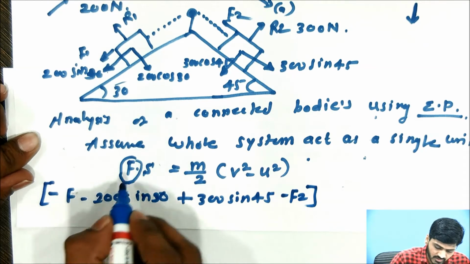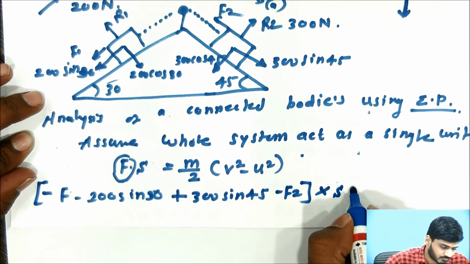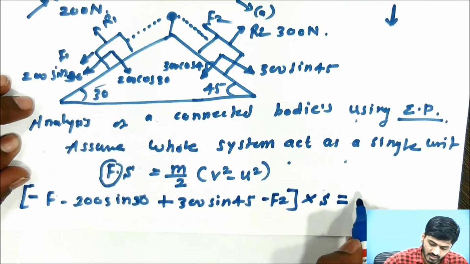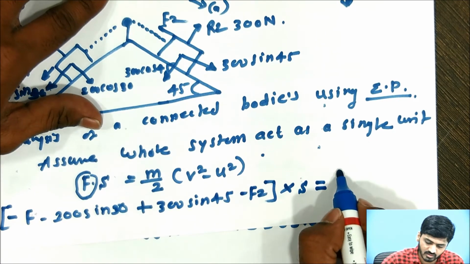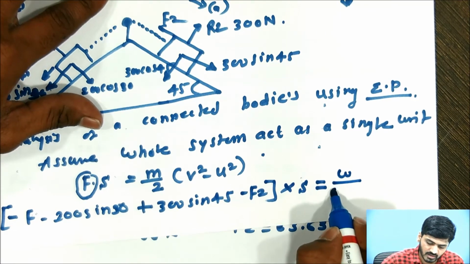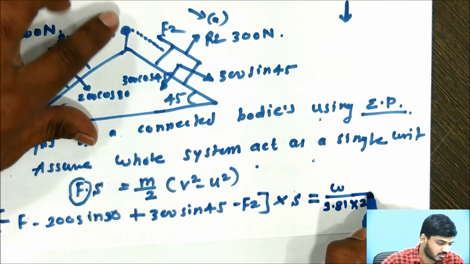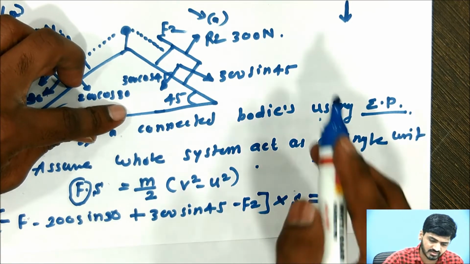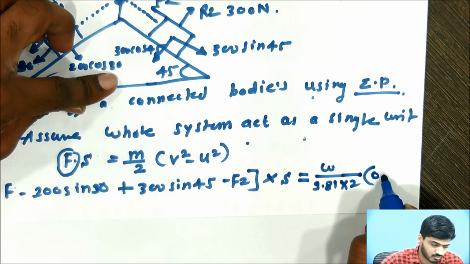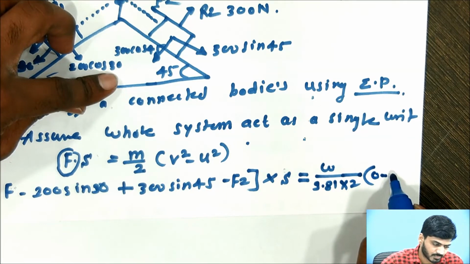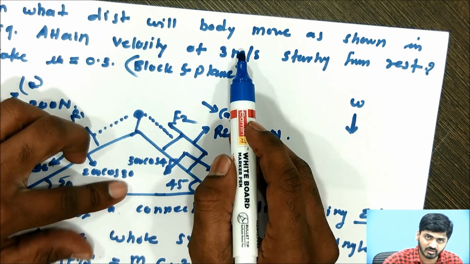This is regarding only F. F into S is equal to m by 2, that is W by 9.81 into 2, and now the initial velocity is 0, starting from rest as they have mentioned here. So 0 minus 3 square: 3 is the final velocity they have mentioned here.